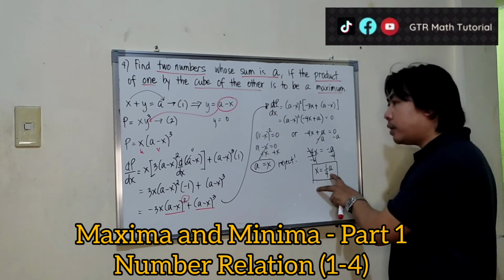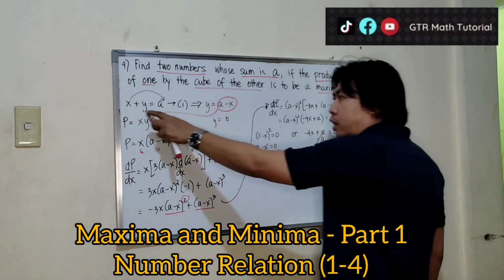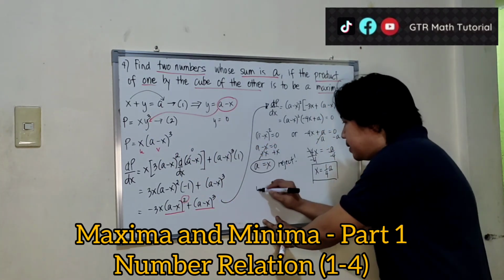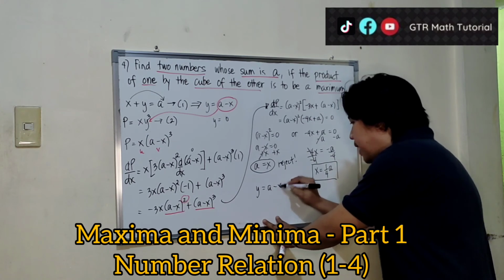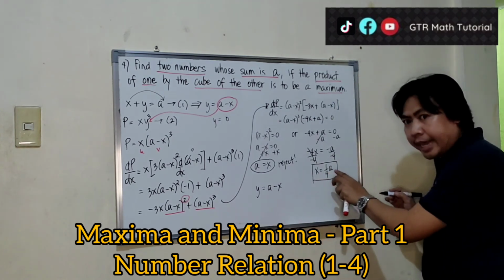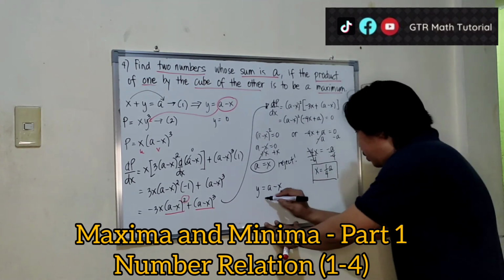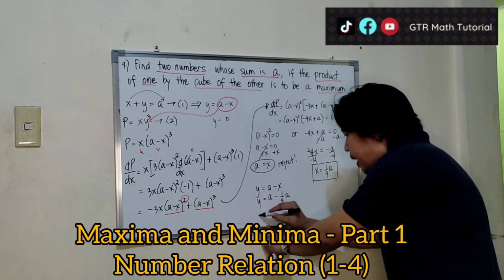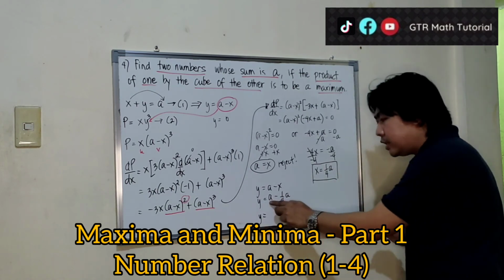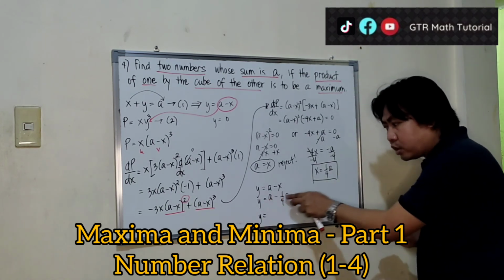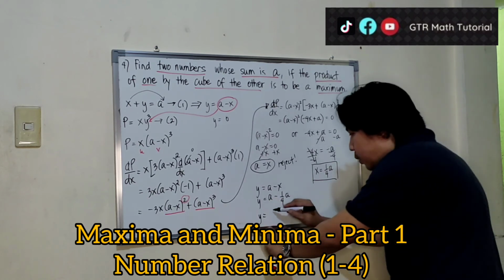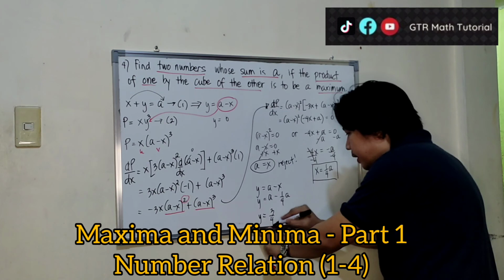So when x equals 1/4 a, solve for y. So this is the formula for y. Y equals a minus x. So x equals 1/4 a or a over 4. So we have a minus 1/4 a. So therefore, the value of y equals, so this is 1, 1a minus 1/4 a, that is equal to 3/4 a.